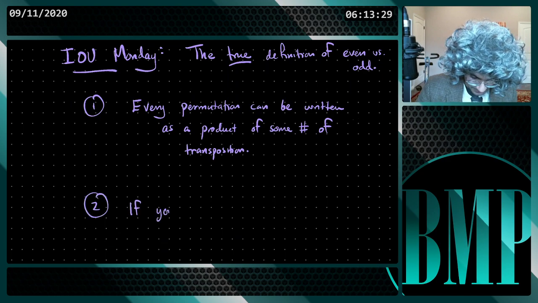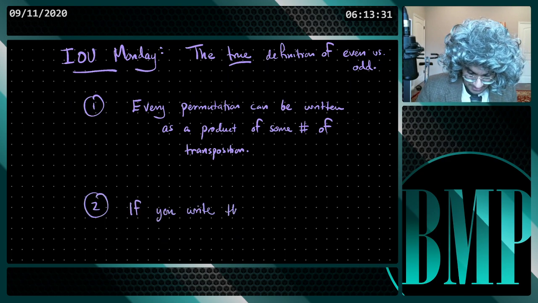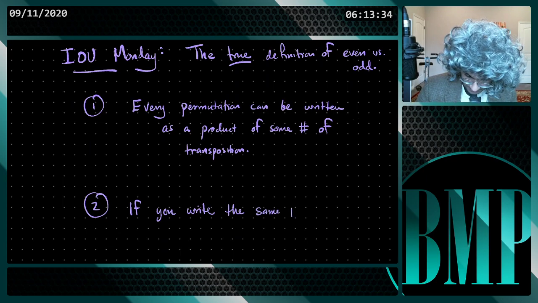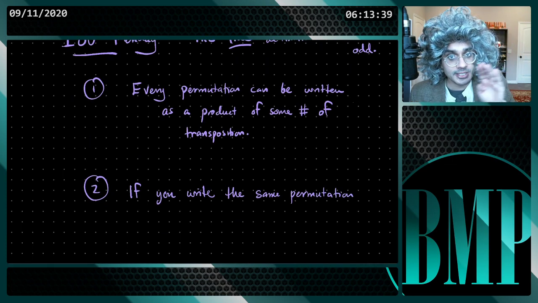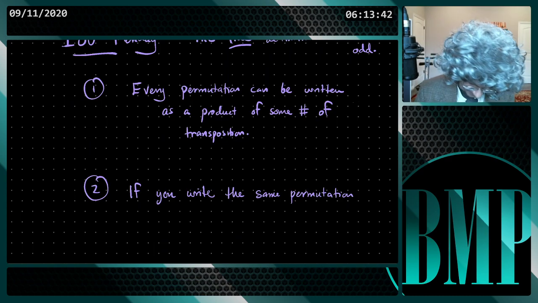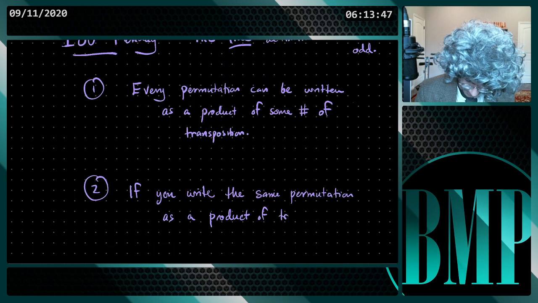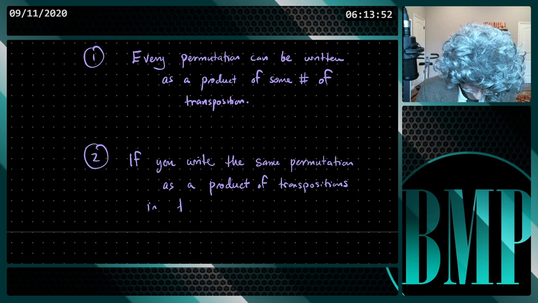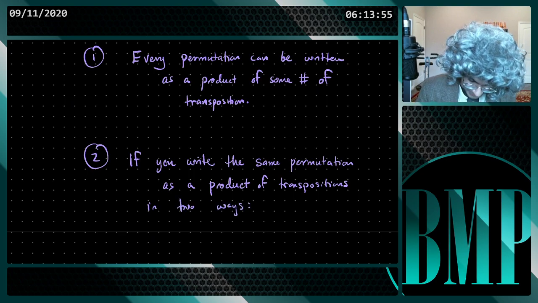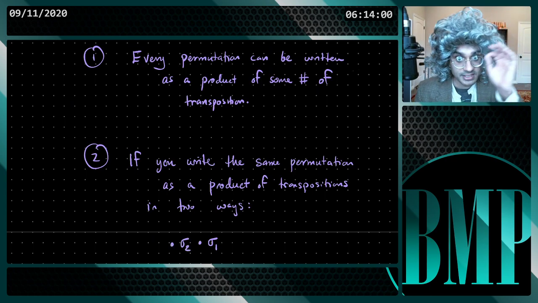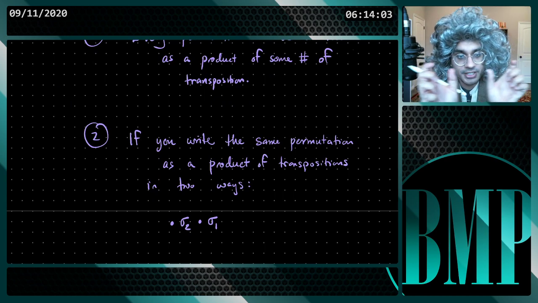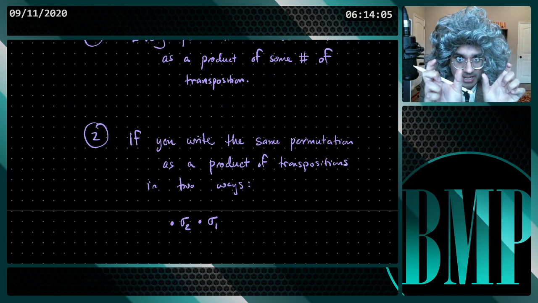If you write the same permutation as a product of transpositions in two different ways, for example, one transposition times a second, where times means compose in the group law, not saying you have an element of cycle type 2, 2, 2, 2.